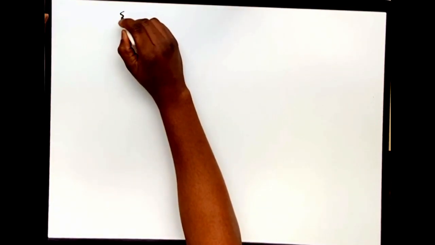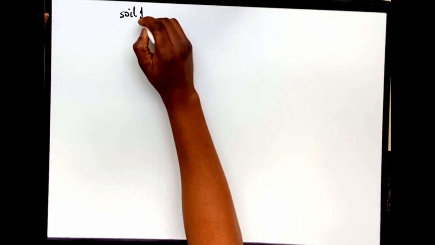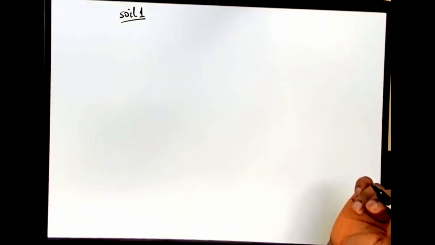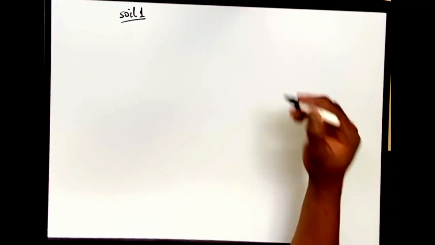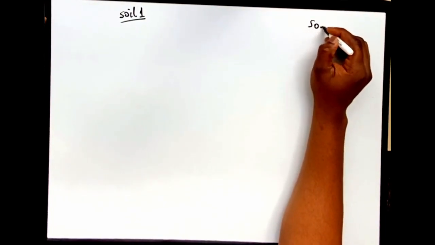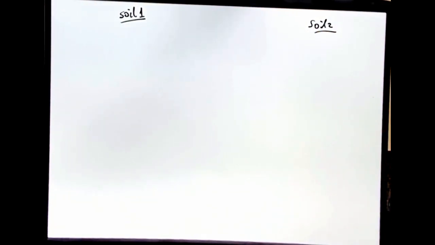Okay, so let's say the soil at your site is called, let's call it soil 1, and another soil that you have in your lab, or the one that you're going to mix into your site, let's call that soil 2.